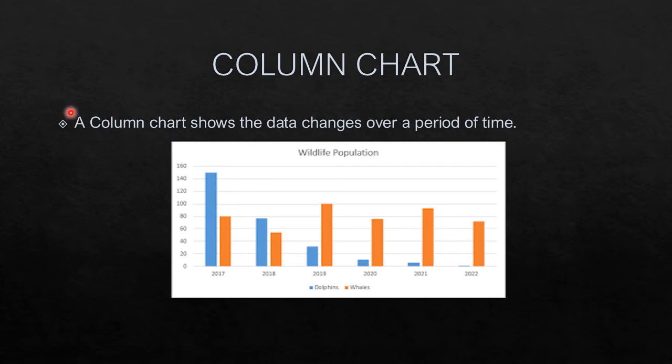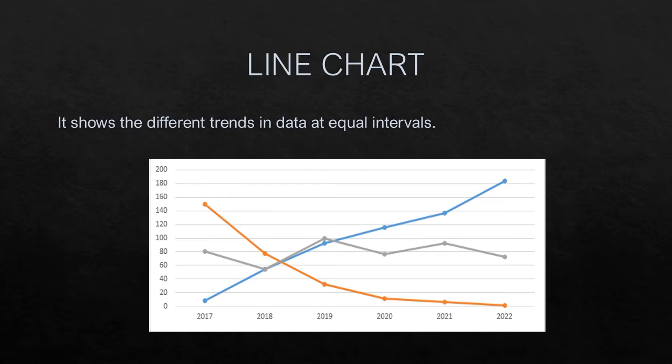It is a graphical object used to represent the data in your Excel sheet. You can use the column chart when you want to compare values. Second one is line chart.